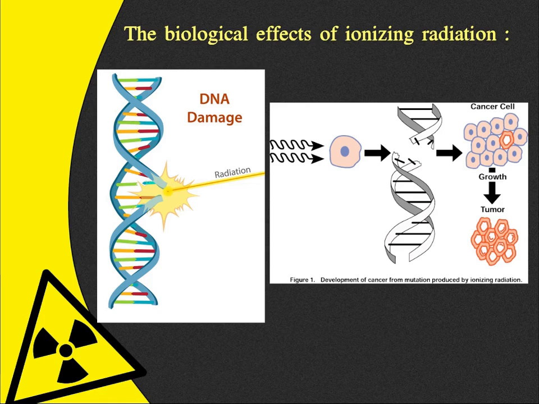So there are three possible actions that could happen if the radiation interacts with cells. First, the cell will recover itself, which is a good thing. The other thing, the cell will die, and this is a good thing if we are treating a tumor because we are using the same tool, the radiation. So if the radiation has the ability to kill the tumor cell, this is a good thing.